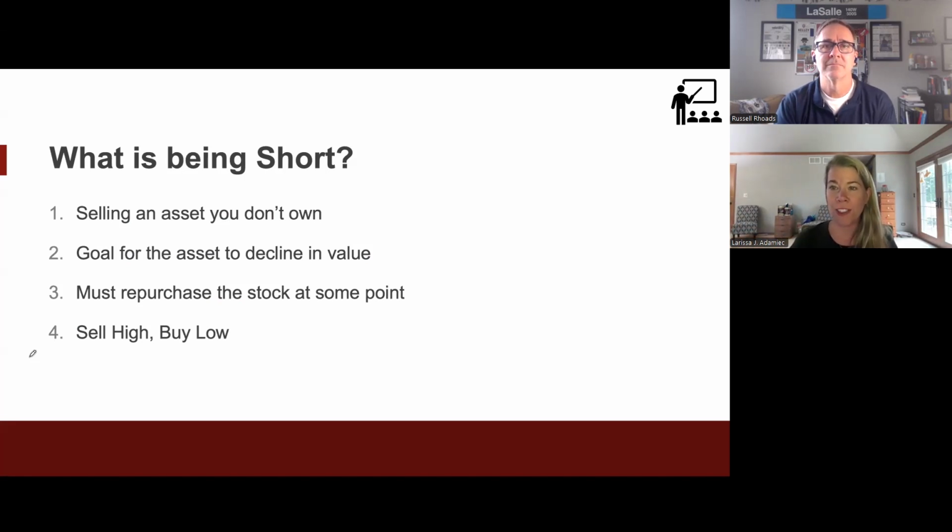There are a couple of risks embedded in it, because the person who owns the asset could always want it back. You sold the asset short, the market goes up in value, and you now have to repurchase it at the market price because the owner wants it back.